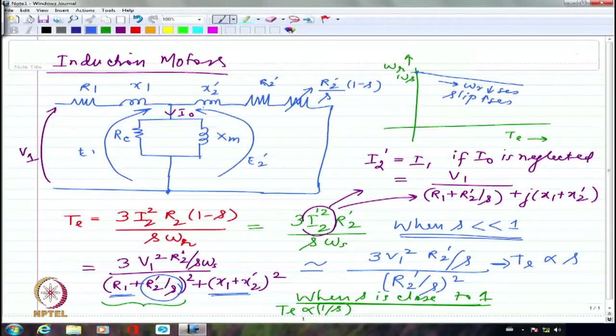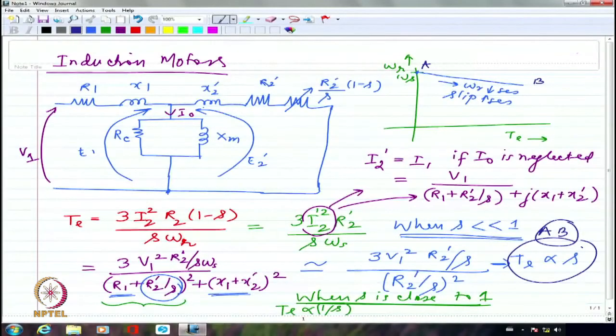That's what happens when the speed comes down and the torque increases correspondingly. So this is very clearly what we wrote earlier, that TE is proportional to slip. That is valid in this region. From A to B, region AB corresponds to torque proportional to slip.